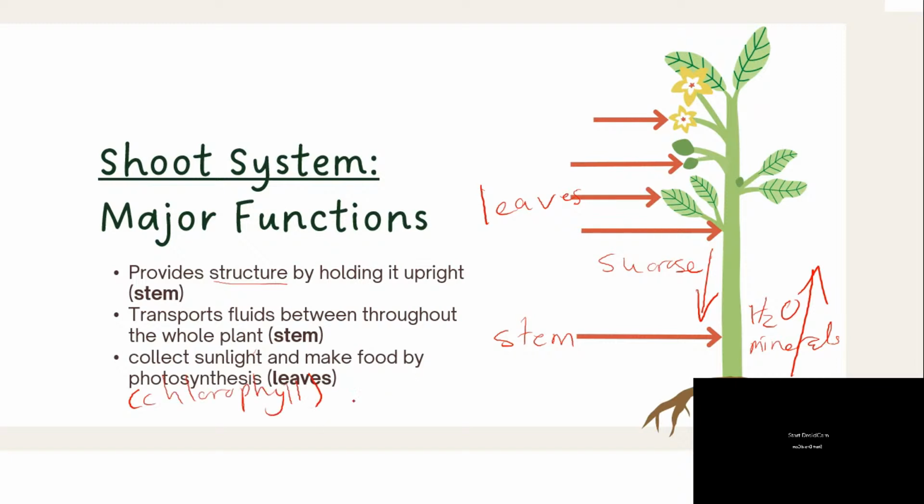Chlorophyll is a pigment which makes plant leaves, or plant parts, green in general. Because of this chlorophyll, plant leaves absorb sunlight, okay? And then they make food by the process of photosynthesis.